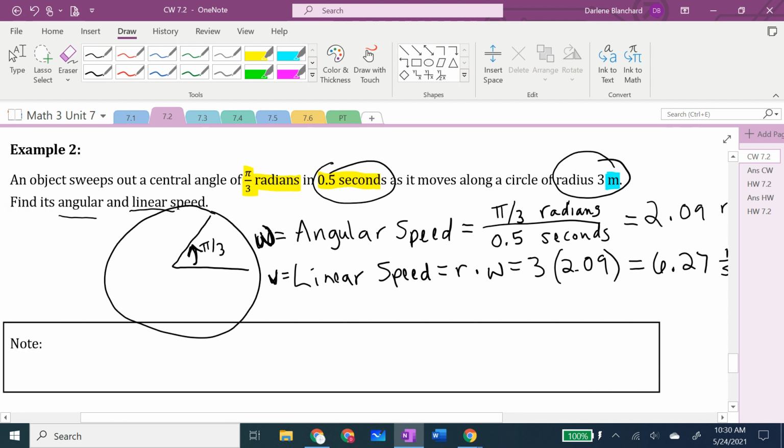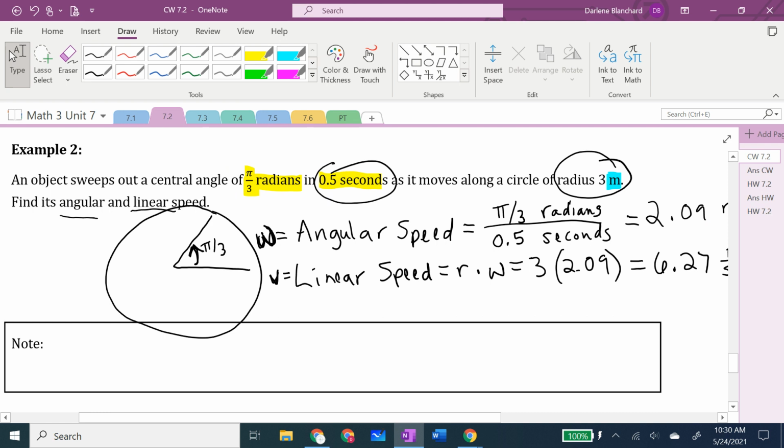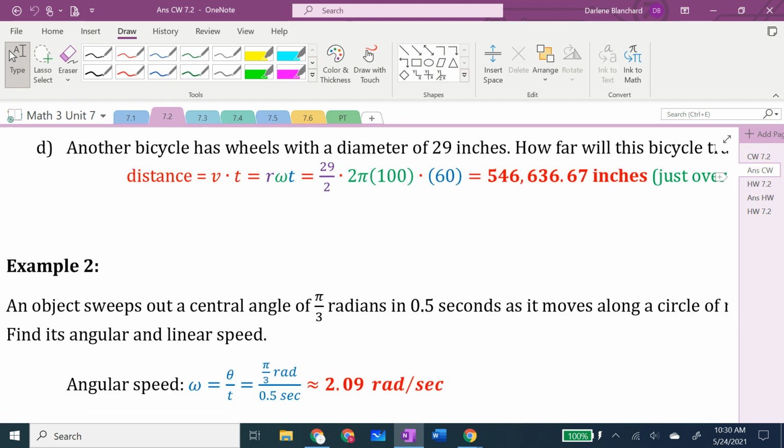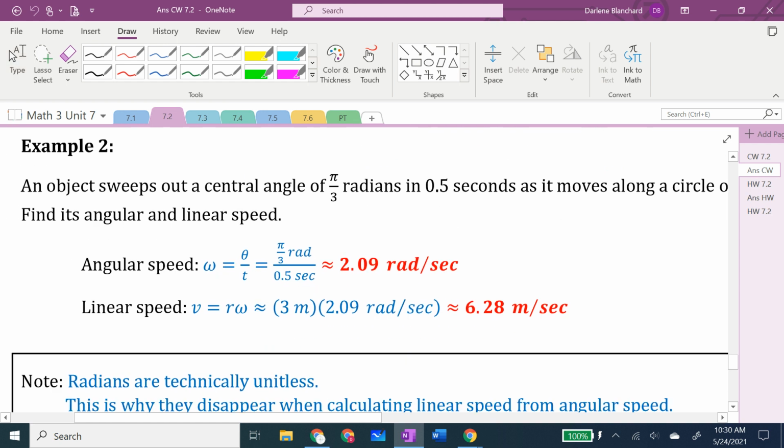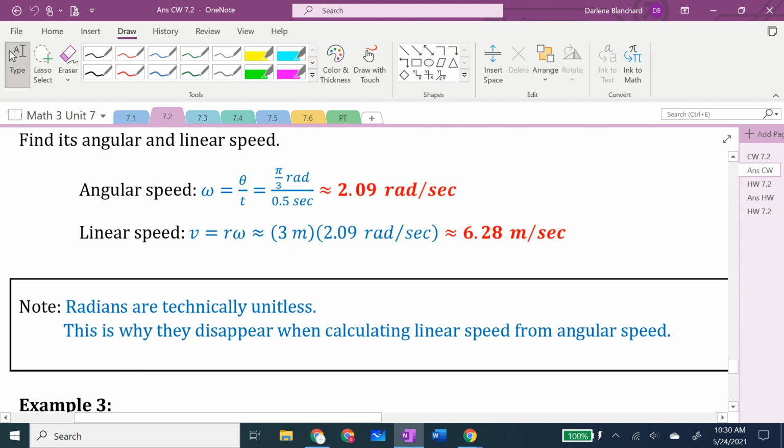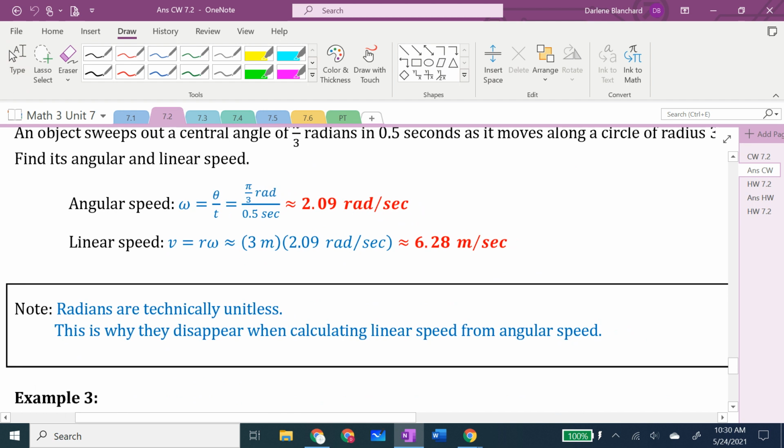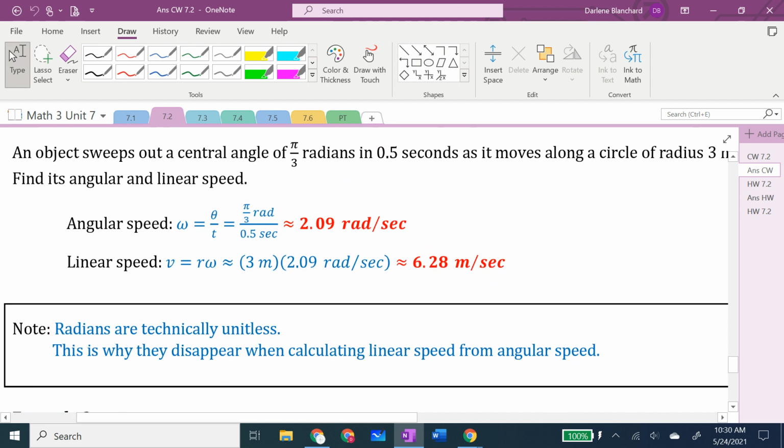Now I want to point something out to you that you don't have to know. I just want to point it out because it's an issue with units. Technically, angle measure is unit free because angle measure is looked at as a ratio of two distances, if you go back to what a radian is by definition, or even what an angle is by definition.